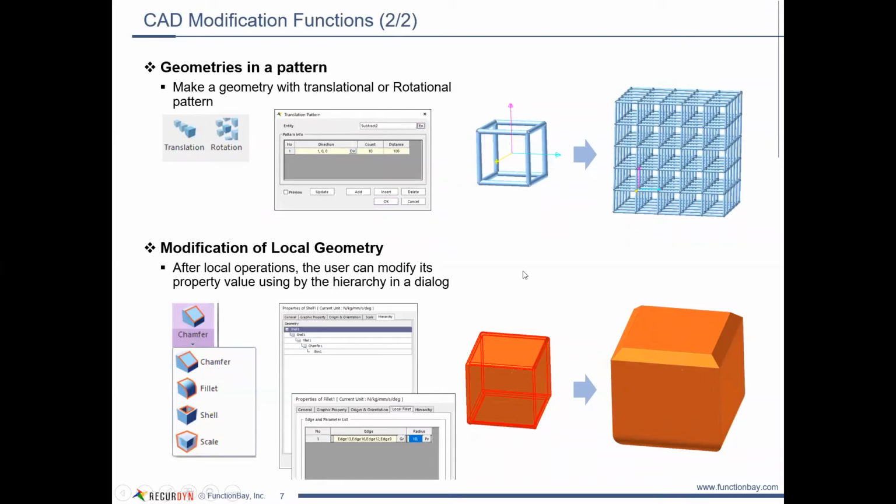So that's really helpful, because in the past, you would basically have to kind of restart from scratch if you wanted to make a change. I mean, you could basically delete some of these operations depending on how you did them. So you wouldn't have to delete the geometry, but you had to delete the operations. And now you can actually edit these different local operations.